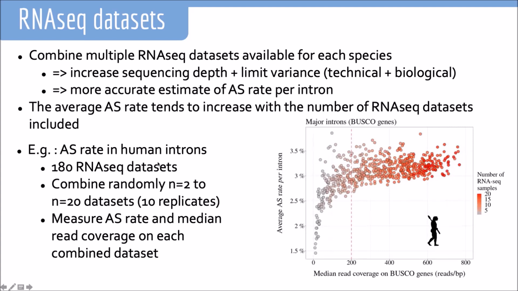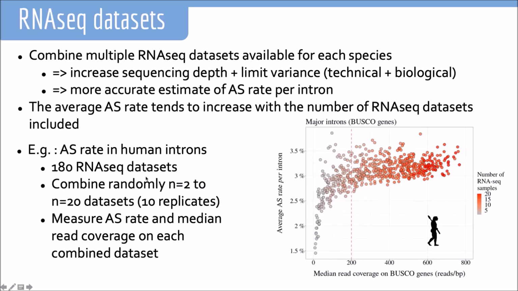So in humans, we have a huge amount of data, and we analyzed 180 RNA-seq datasets. And what we did is that we randomly sampled the datasets, with a number of RNA-seq datasets ranging from 2 to 20 datasets.